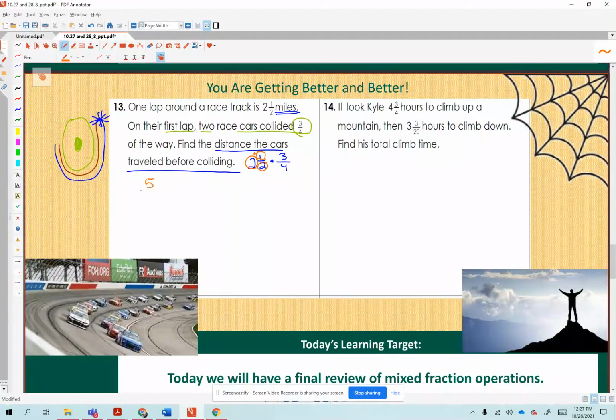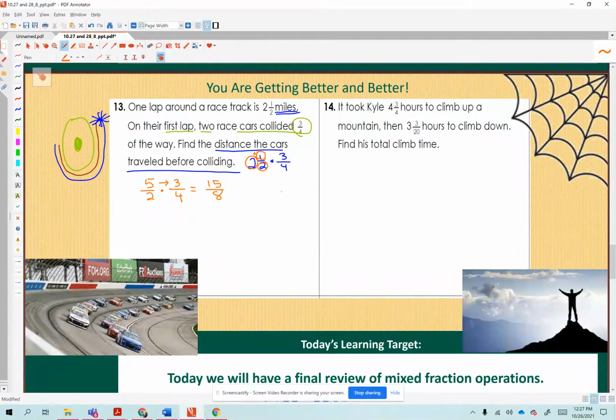So that would be 5/2 times 3/4. And there's no opportunity here for simplifying yet by cross dividing. So we'll just multiply. 5 times 3 is 15. 2 times 4 is 8.